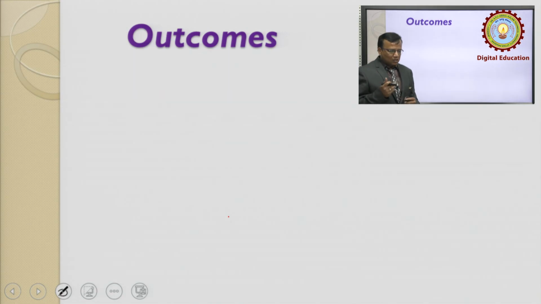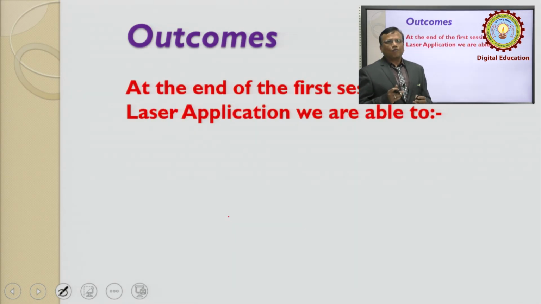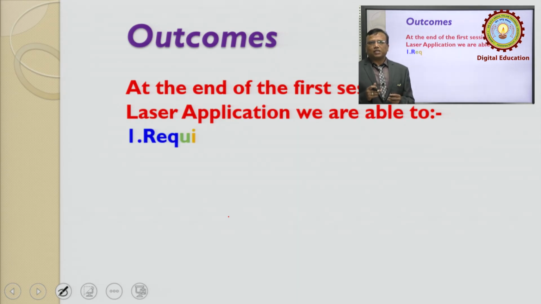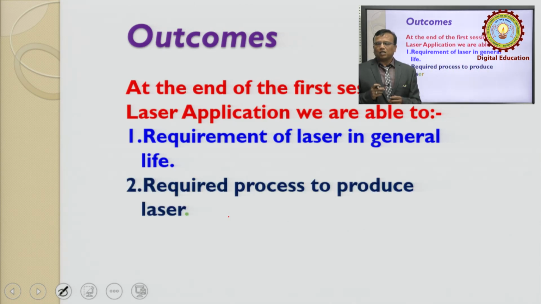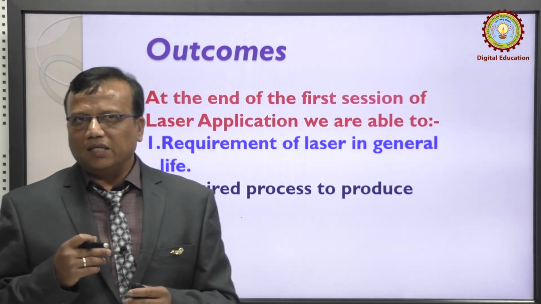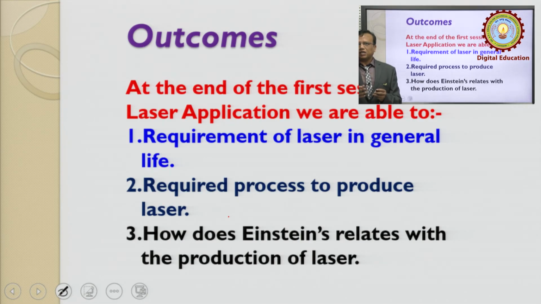So in this session, first we learned what is required to make a laser, what is the required process to make the laser, and after that what the Einstein coefficients are and what the relation between the Einstein coefficients is.